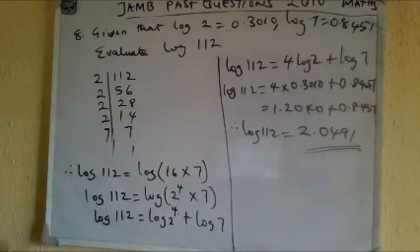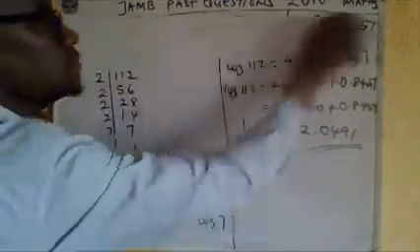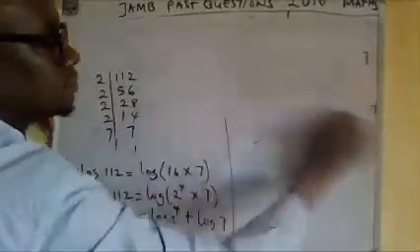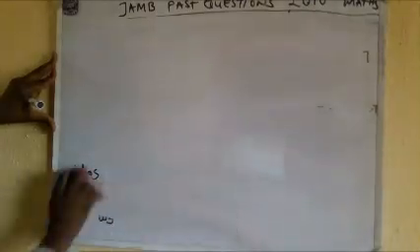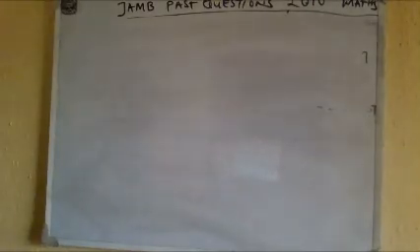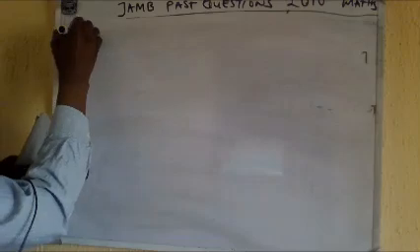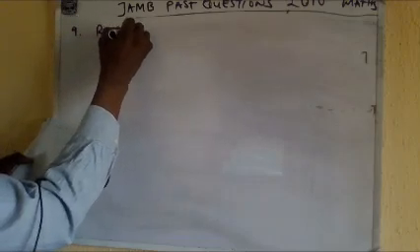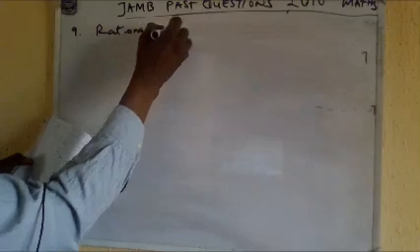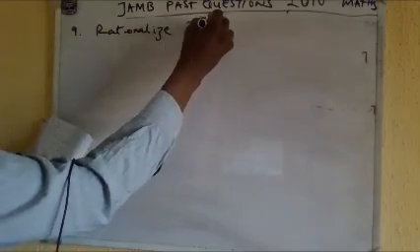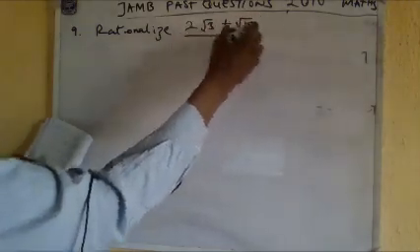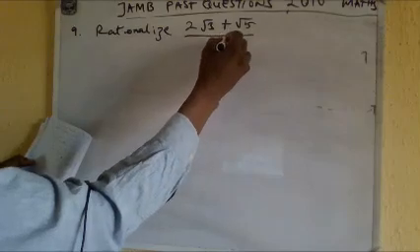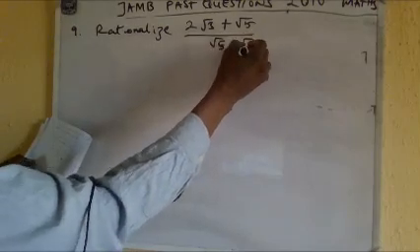Rationalize. Number 9. Rationalize 2 root 3 plus root 5 all over root 5 minus root 3.